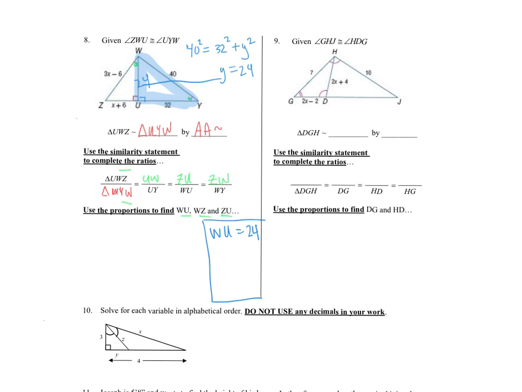we're going to set up a proportion to do that, then we're going to have WU, and we're looking for now WZ and ZU, which both have x's in them. So we need to find the x, and once we find the x, we can find the other one.